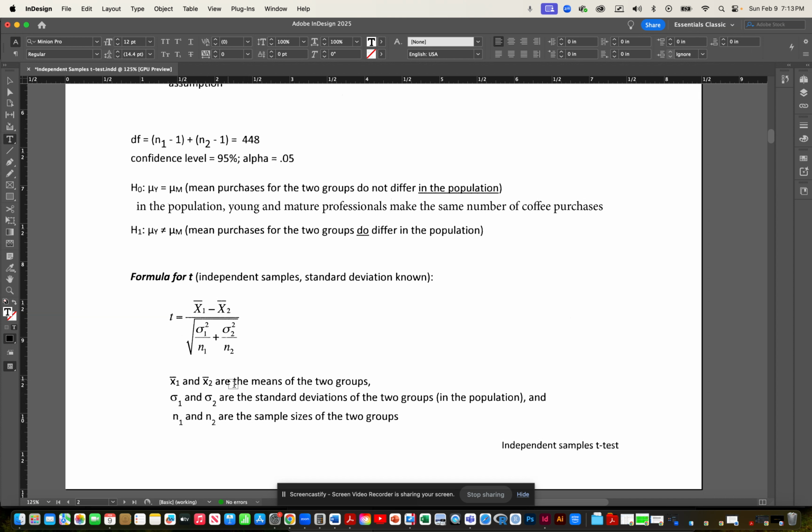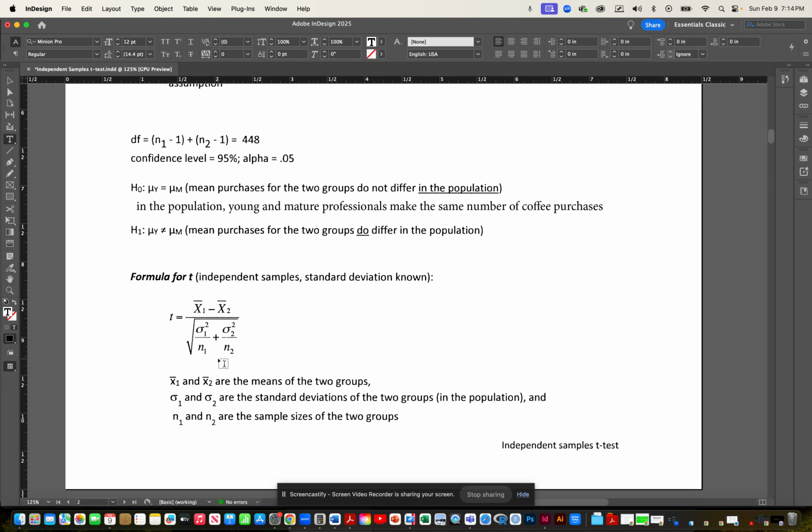In the numerator, we have the means of the two groups, and we're subtracting the mean from group 2 from group 1. And then in the denominator, we have the sigma, which would be the standard deviation, divided by the sample size. We add those and then take the square root.